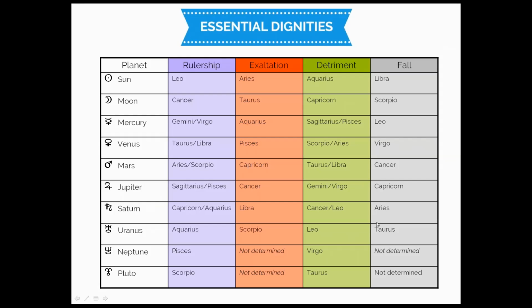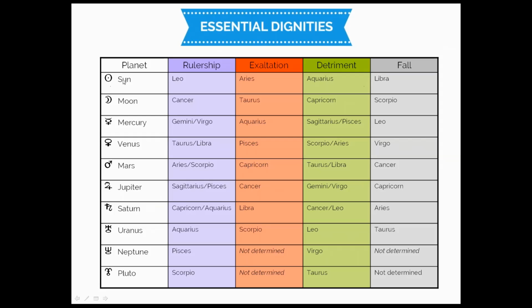Then I'll take a look and see if any planets are particularly strong or weak according to essential dignities. So each planet has particular work to do, and it has some signs that make it easier to do that work and some signs that make it a little more challenging to do that work.